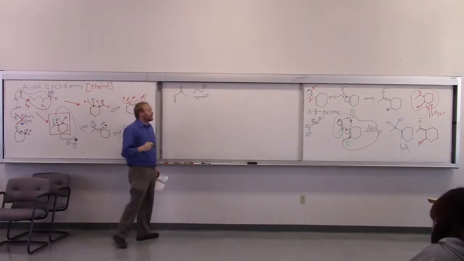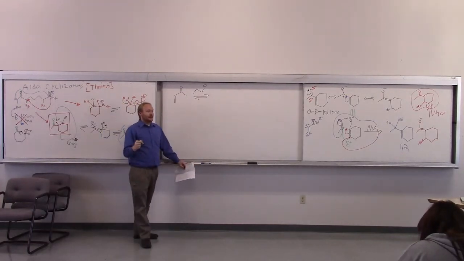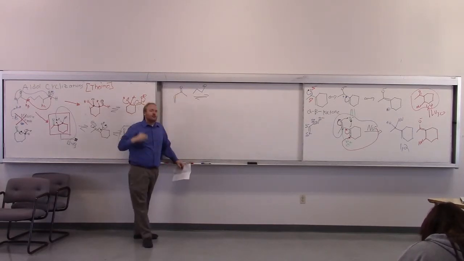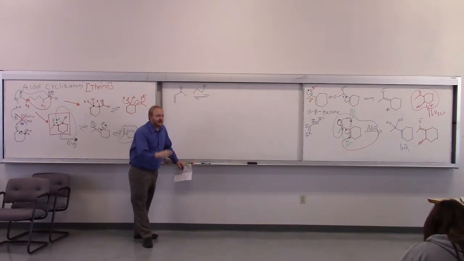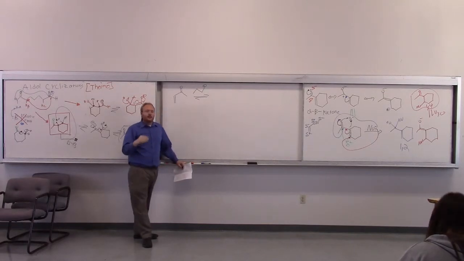The reason why 1,2 is kinetically favorable is because there's still more positive charge on that carbon than the beta carbon, because the carbonyl carbon is still closer to the oxygen than the beta carbon is. And because it's closer to the oxygen, it doesn't only have a resonance effect, it also has an inductive effect. And remember, the inductive effect falls off quickly.